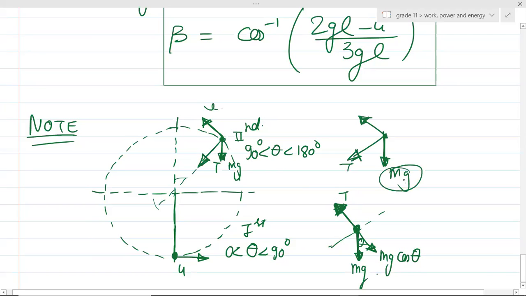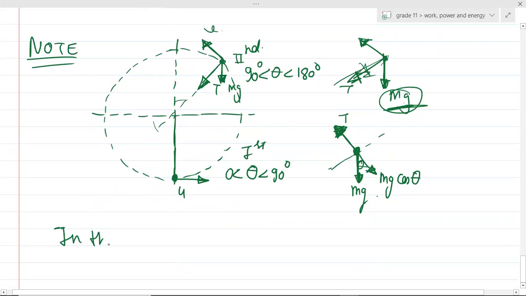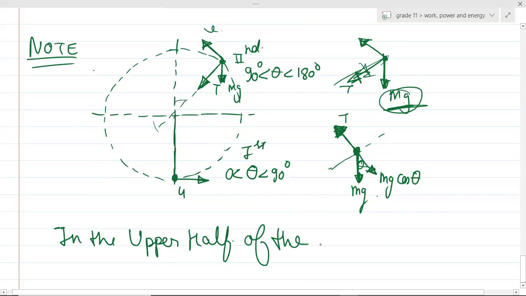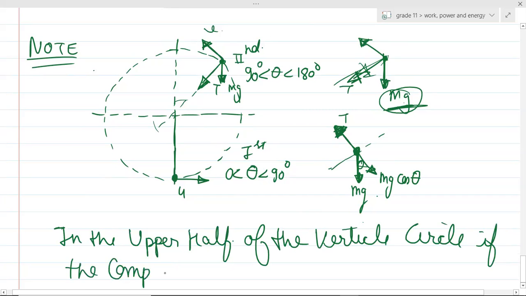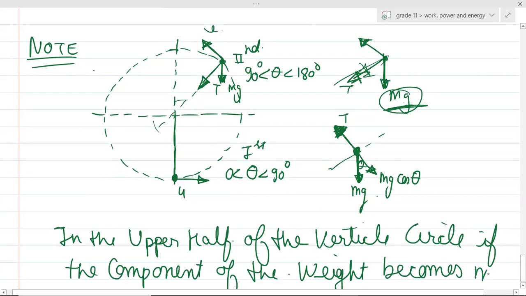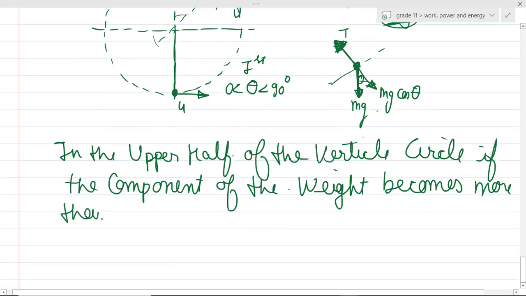In this case, one component of mg will try to support T. So in the upper half of the vertical circle, the second and third quadrants, if the component of the weight becomes more than the tension in this thing.